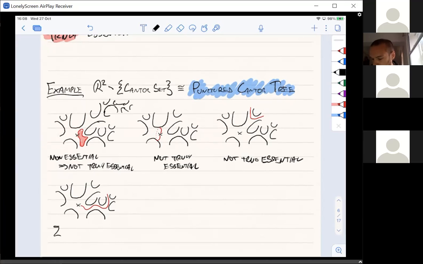And now here, the complement of this thing is just not homeomorphic to sigma. Because really what happens is you're losing the puncture. The puncture and this Cantor set end are getting fused, and because the puncture has no topology, this essentially means the puncture is disappearing. So this is truly essential.